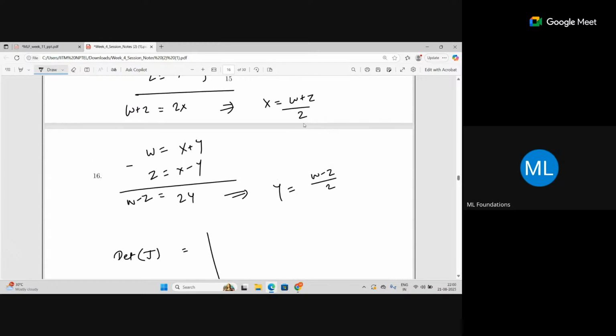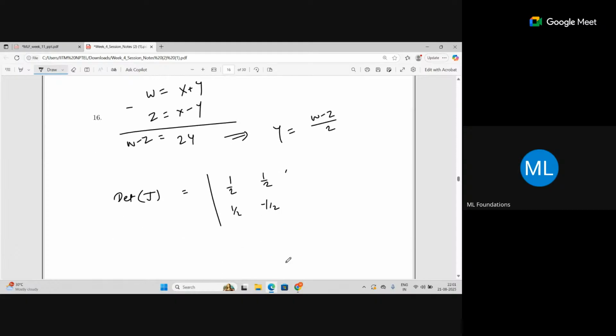Del x by del w is half, del x by del z is half, del y by del w is half, and del y by del z is minus half. So I'll get minus 1 by 4 minus 1 by 4, which is equal to minus 1 by 2. But we have to take its mod, and that will be plus half, right?